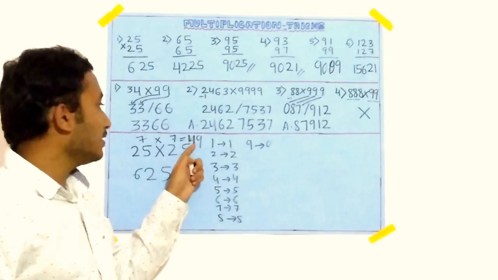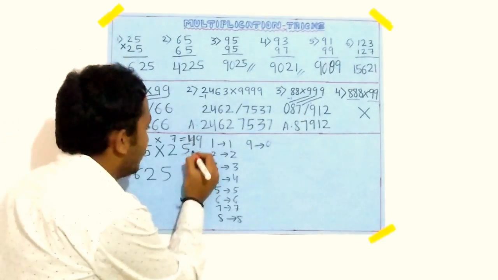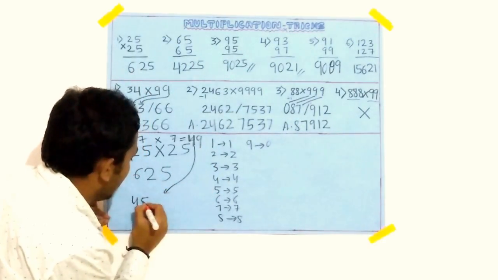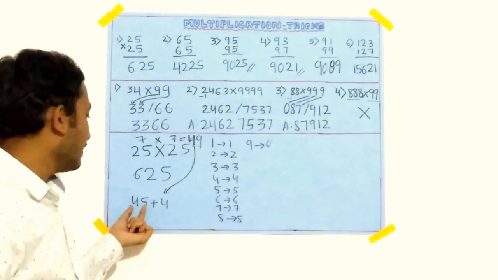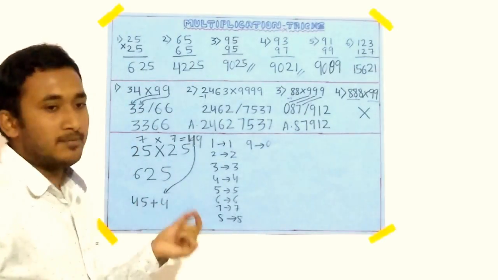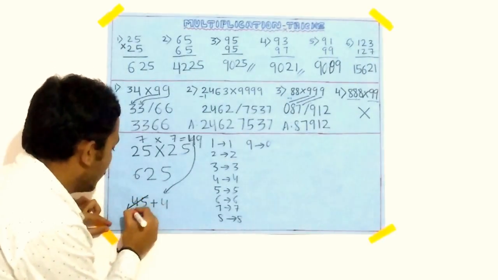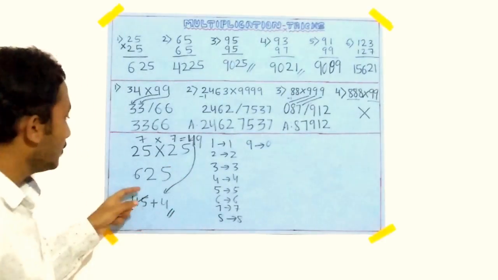So 49 can be written as 45 plus 4. So I can split 45 as 9 plus 5 times, so that all will go to 0. So I am left with 4 with this.